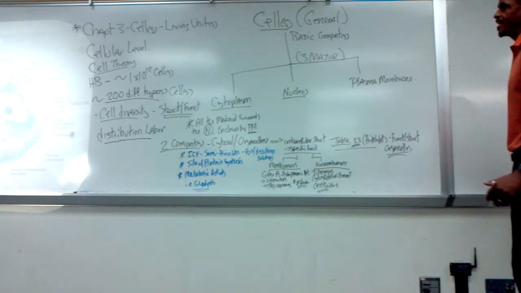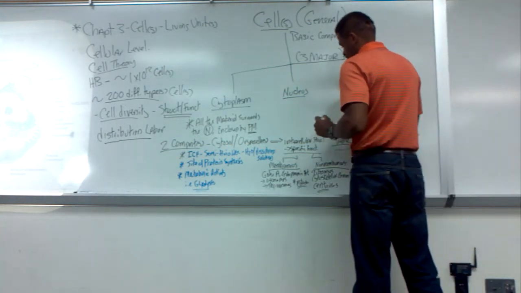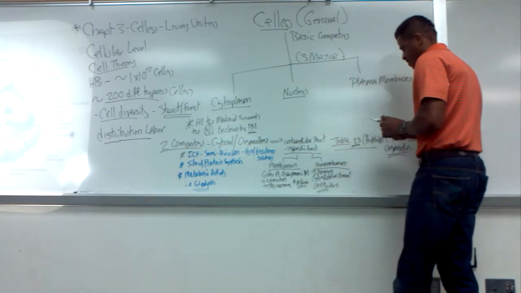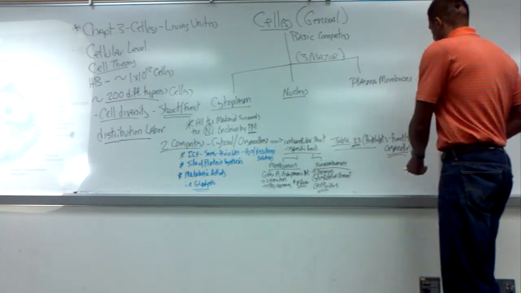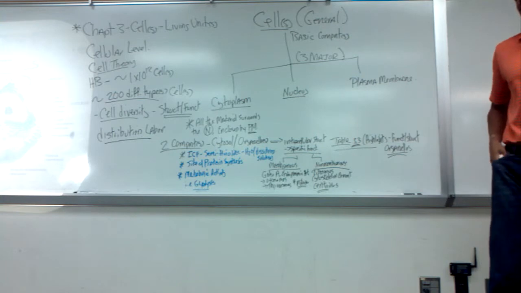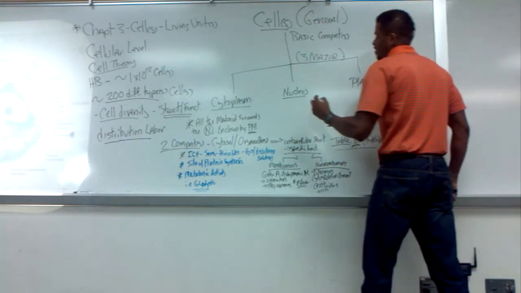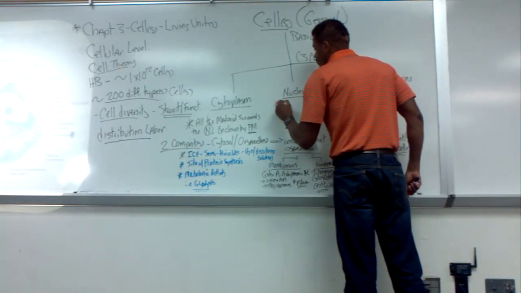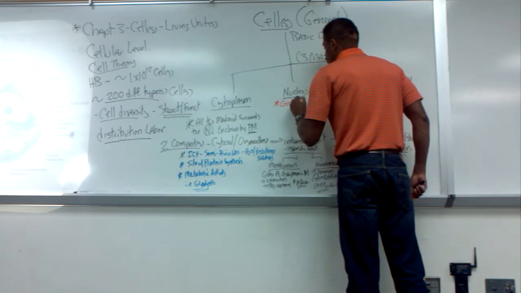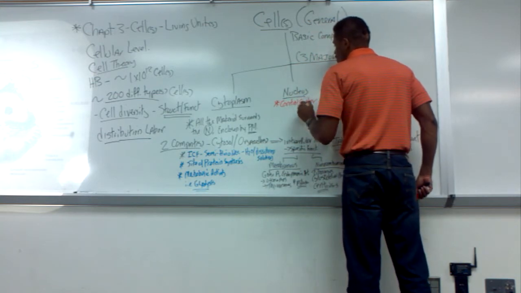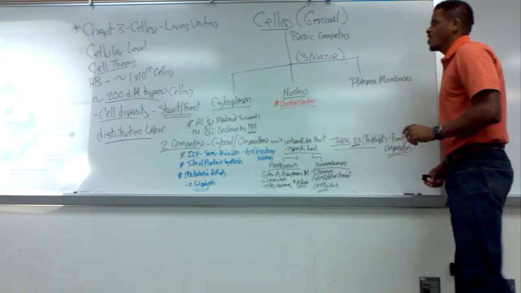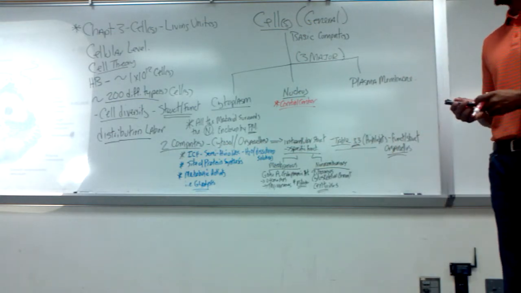Then we take a look at the nucleus, and as we look at the cell's nucleus, we commonly refer to the nucleus of the cell as being the what? Control center, or the brain. You might see the brain, but we commonly refer to it as being the control center of the cell. Why do we call it that?